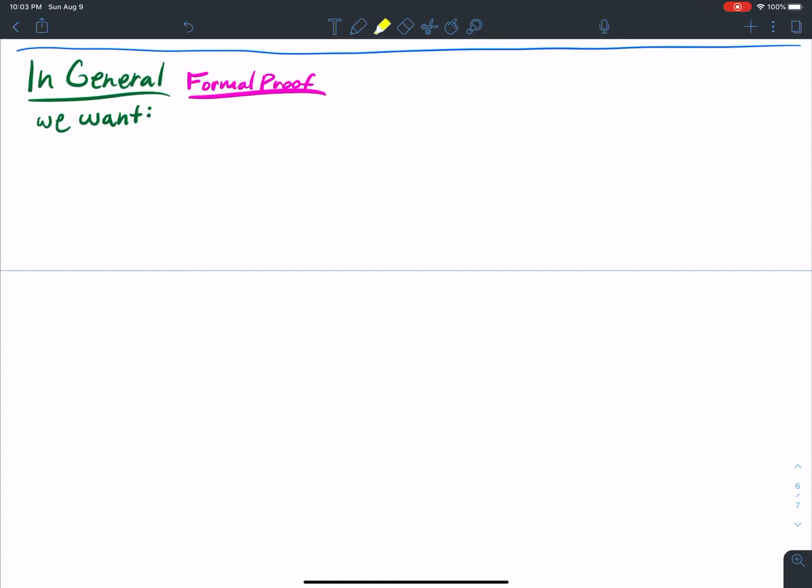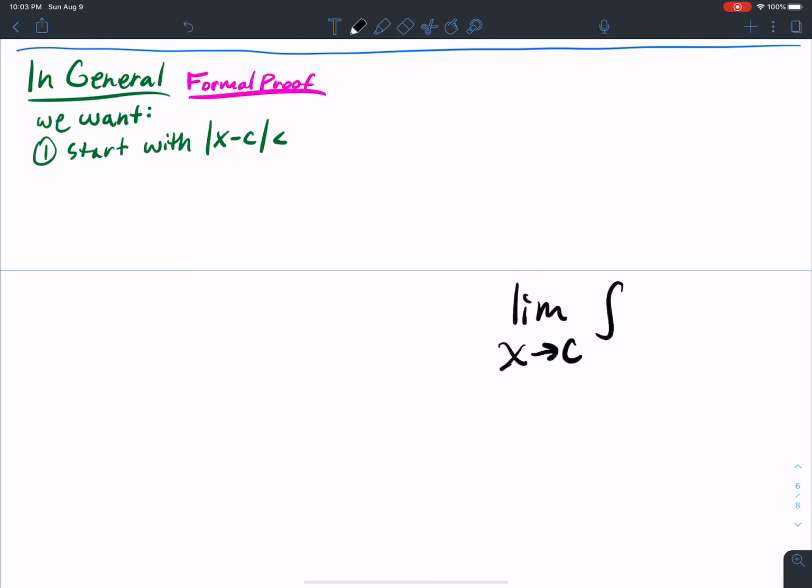So with the formal proof, what do we want when we write up our final answer? We want to start with an x minus c. Now look, this is for the limit as x goes to c of f of x equal to some number L, okay? So that's my limit definition. So x minus c, that comes from right here, x approaches c of f of x, okay?